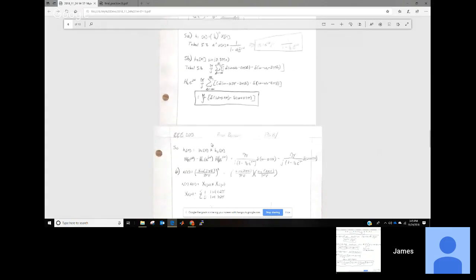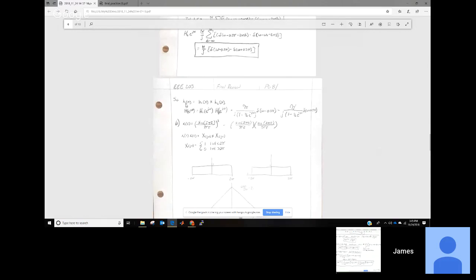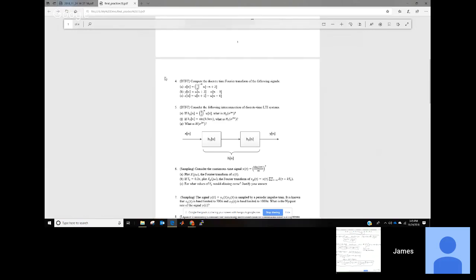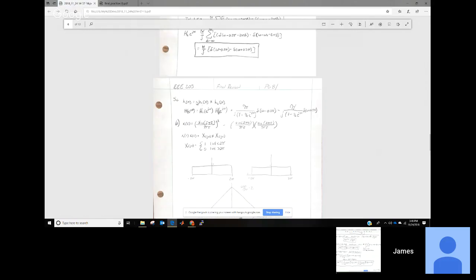For part C, we have part C asks for the overall frequency domain function, H1 and H2. So that's convolution, which is multiplication in the frequency domain. So we just multiply them out and get this.